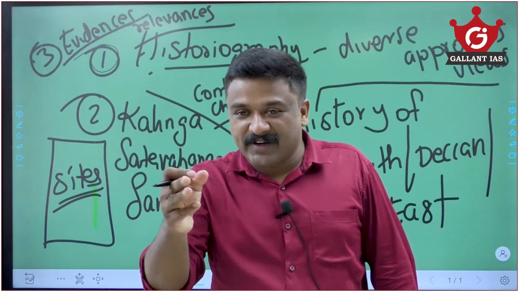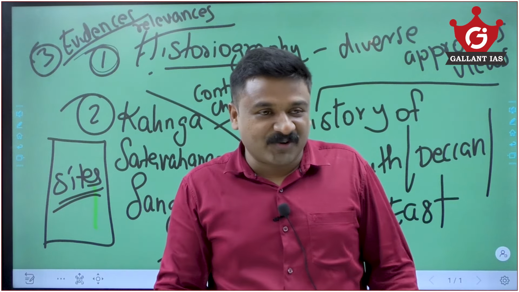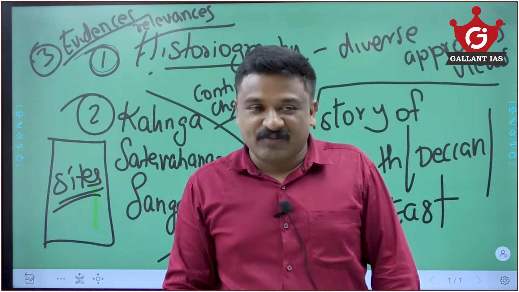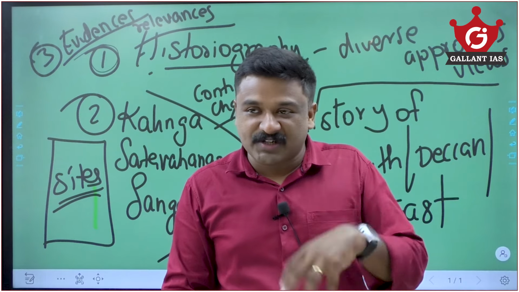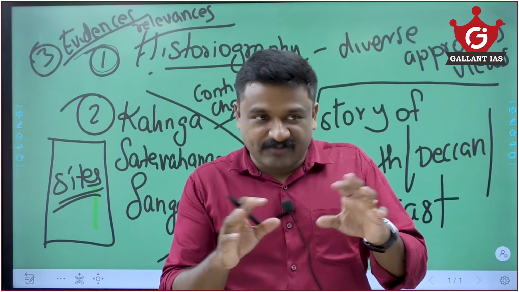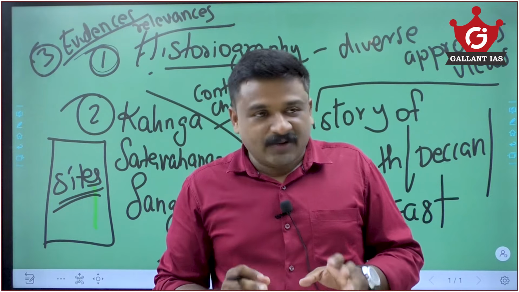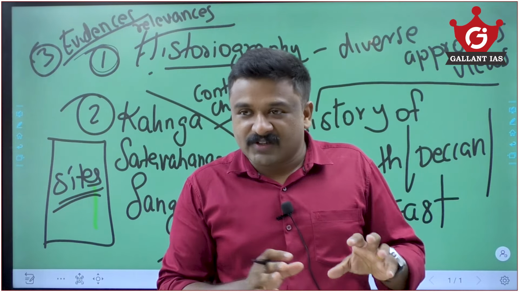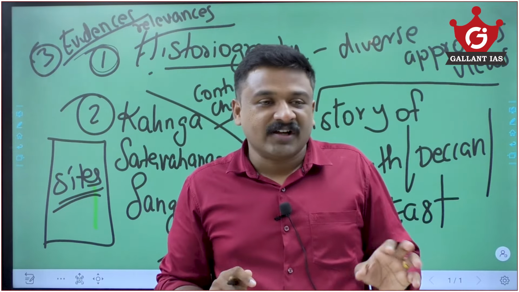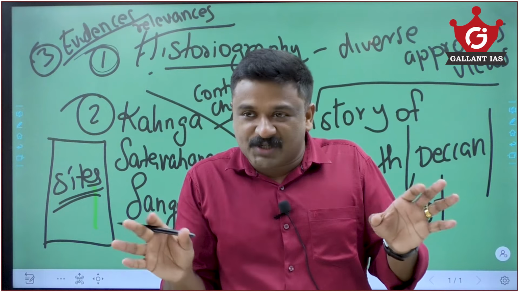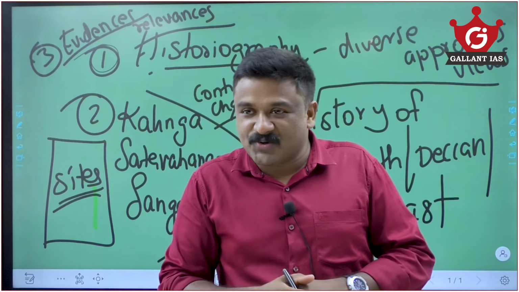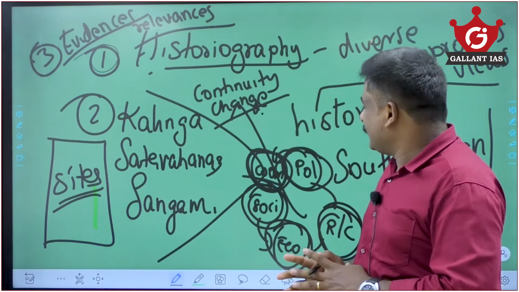When I say some popular capital cities of the Sangam rulers, or some important educational centers during Kharavela's rule in the Kalinga state, or some cultural centers in the Satavahana dynasty, I must know the popular locations of those sites. That is also very important.